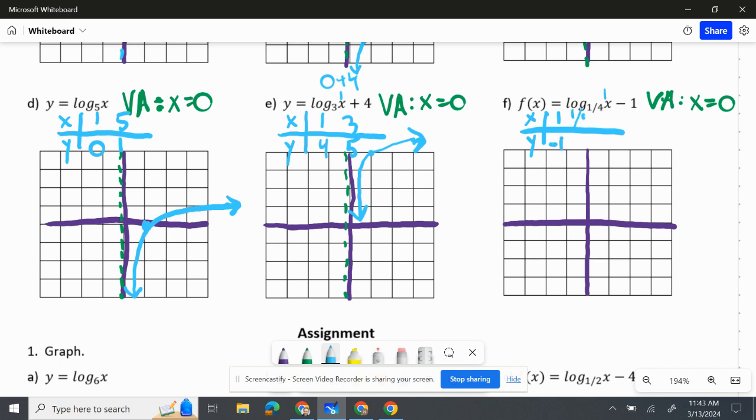And then we're going to pick a fourth because that's our base number. Whenever we have numbers that are the same, it gives us 1. 1 minus 1 gives us 0. So we have our vertical asymptote. And then we have our points 1, negative 1, 1/4, and 0. And notice that we have another decay.